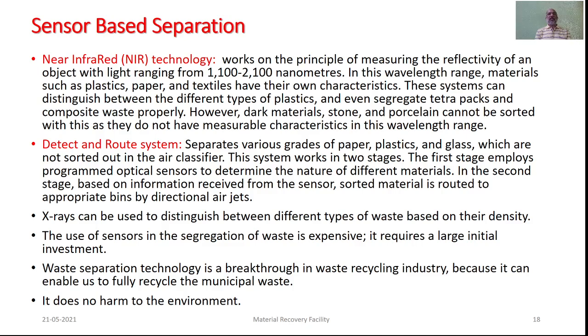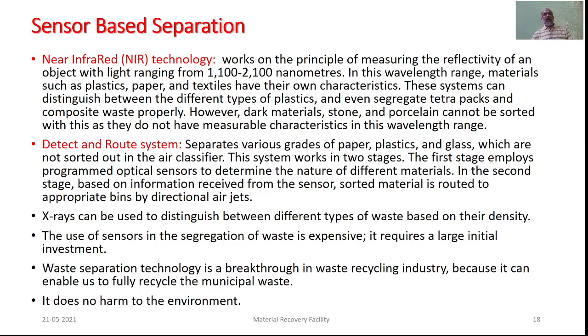These systems can distinguish between different types of plastics and even segregate tetra packs and composite waste properly. However, if the transparency is not of the requisite order, like dark materials, stone, porcelain, they cannot be sorted out from that particular stream. So such principles can be used in order to have the material separated out.